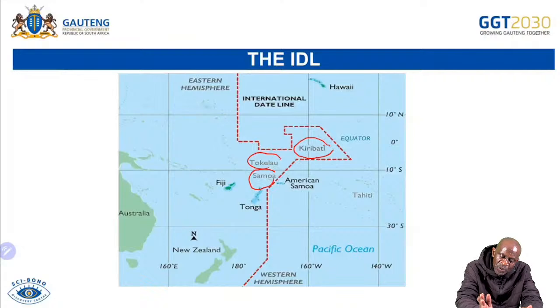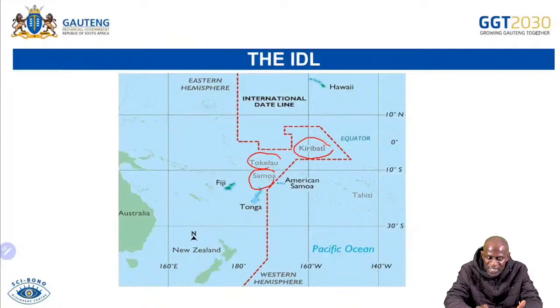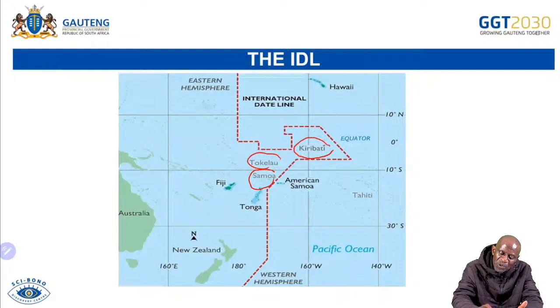So they wanted to fall into the same time zone as Tonga and Fiji, as you might realize. They didn't want to go this side. They didn't want to take this time zone, but they wanted to belong this side. So this line of longitude had to take a bend.